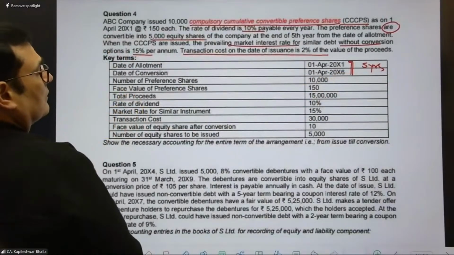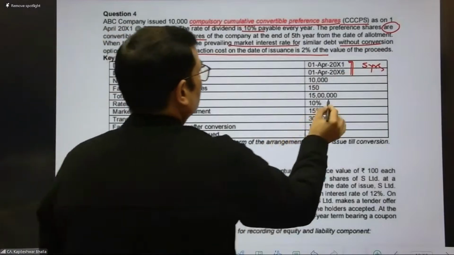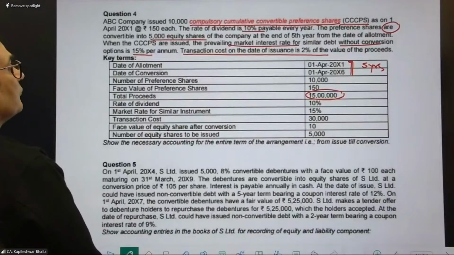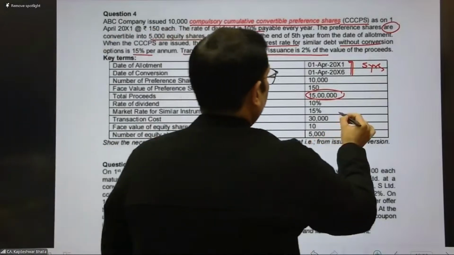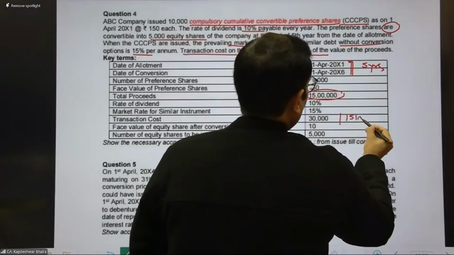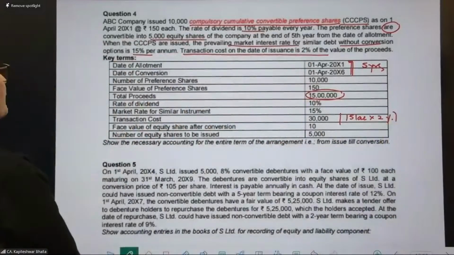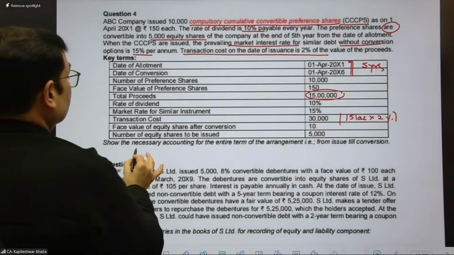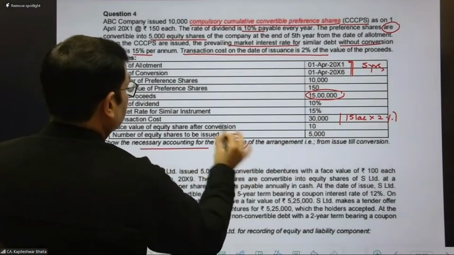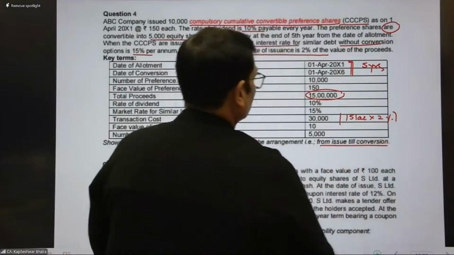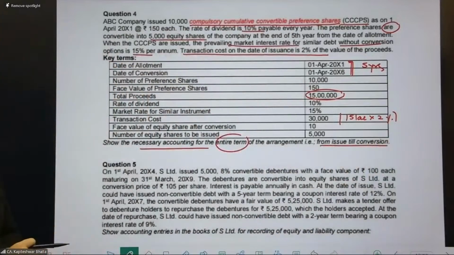The number, the face value, and the proceeds are given. The rate of dividend is 10 and the market rate is 15, and the transaction cost is already given on 15 lakhs. 2% is the TC, that is 30,000. Face value after conversion and number of shares are given. We need the necessary accounting entries for the entire term of the arrangement, that is from the date of issue till the date of conversion.